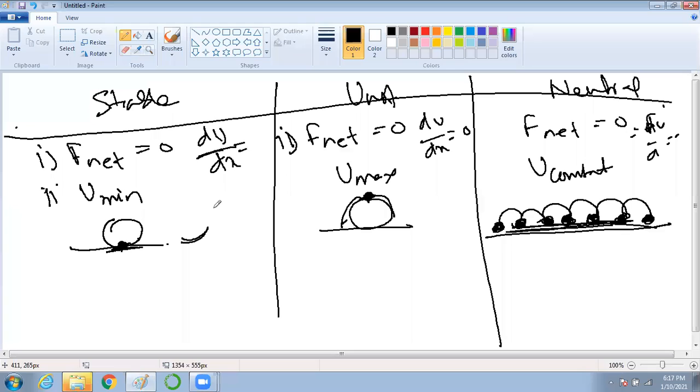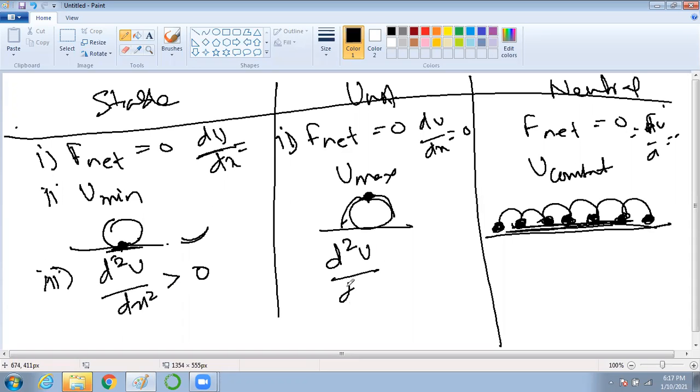Am I clear? Yes, sir. No doubt. Mathematically, your d square u by dx square should be greater than 0 for stable. Your d square u by dx square will be less than 0 for unstable. And what about here?